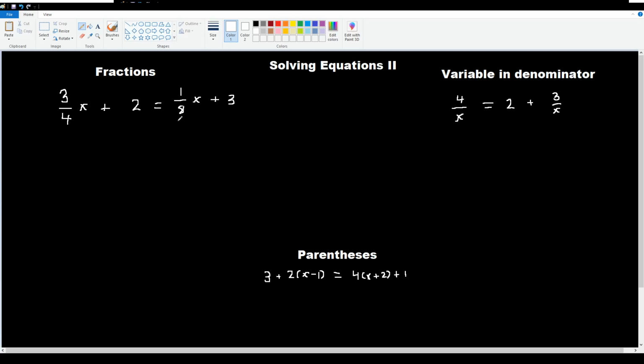So we were given a pretty good example here, a pretty easy one, because with 3/4 and 1/8, 4 is a factor of 8. So you can multiply both sides by 8, and that will get rid of all the denominators and give you all whole numbers, and it'll become very nice and easy to combine all the like terms. So let's do that now.